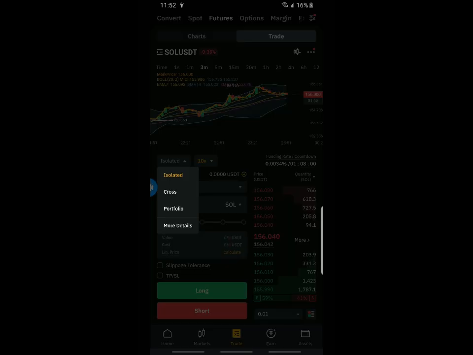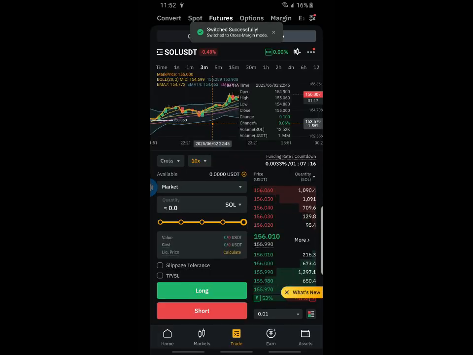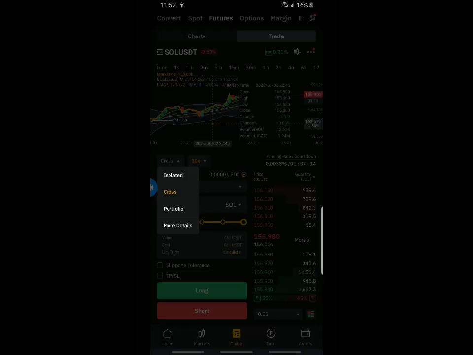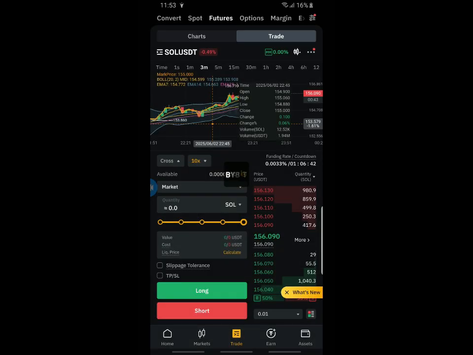But if it is in cross, it means that once you have liquidated your $100, it will switch over to the remaining $100. We have portfolio and more details, but these two are the most common: isolated and cross. So now I've switched it back to isolated.